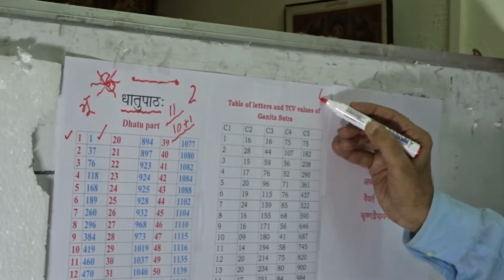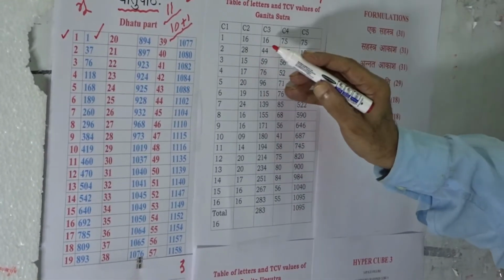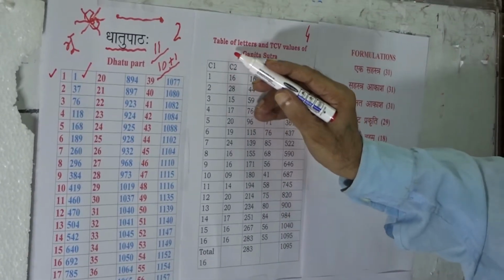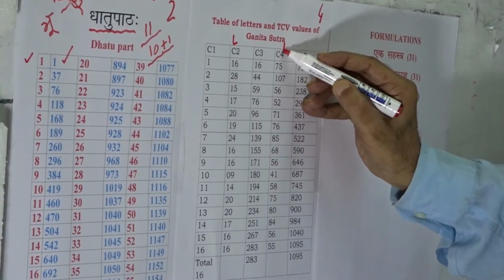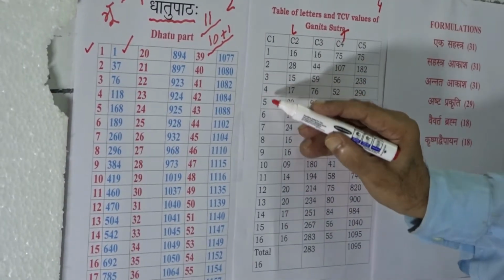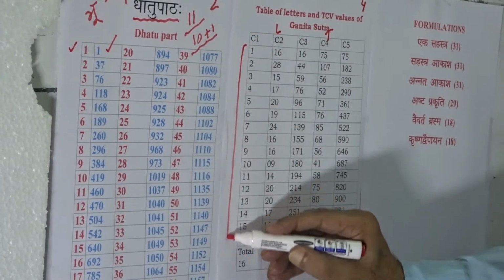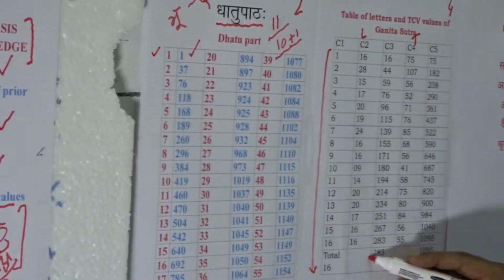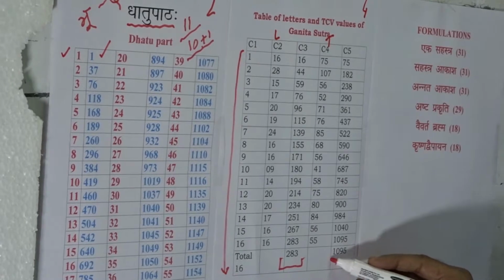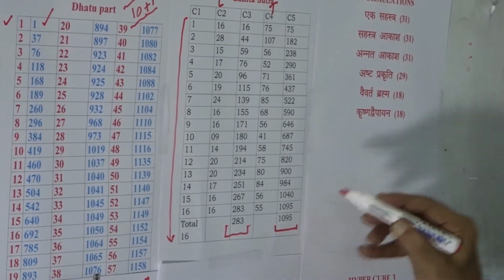At sheet 4, we are having a tabulation of the letters and the TCV values of Ganita Sutras 1 to 16, which leads to 283 letters and 1095 TCV value.